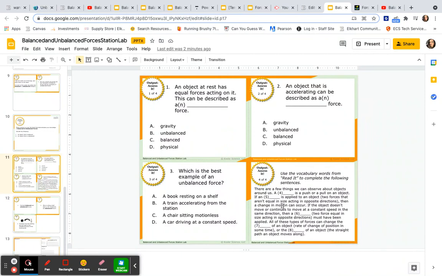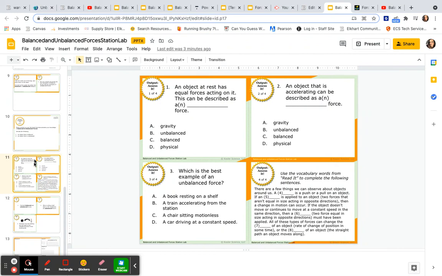If the object doesn't move or continues to move at a constant speed in the same direction, then a blank, which is 2 forces equal in size and acting in opposite directions, must have been applied. All of these types of forces can change the blank of an object, rate of change of the position in some time, or the blank of an object, the straight path of an object that moves along.